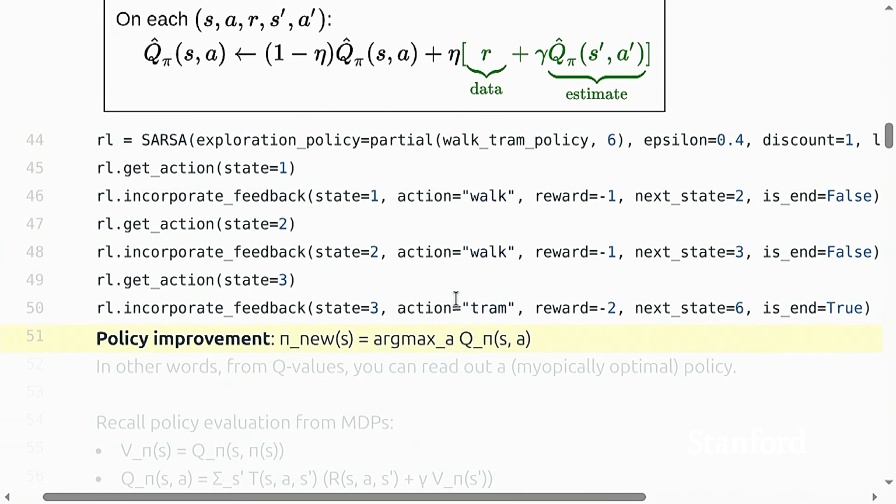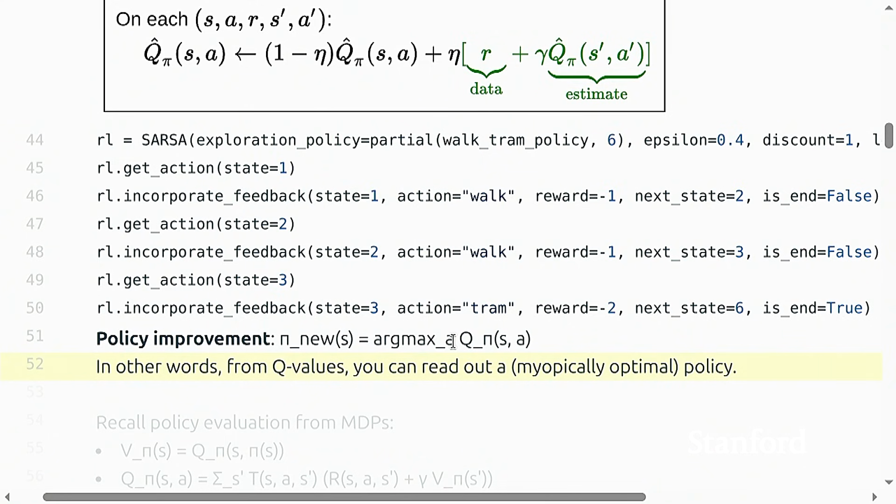So you can think about this as one step of policy improvement, where here is the value of this particular policy, and a new policy is simply, well, I'm just going to myopically optimize over the next action, and then I think about following the best whatever values I get after that. Okay? So the whole point of this is that given a Q value, you can read out a policy just by argmaxing it over A.